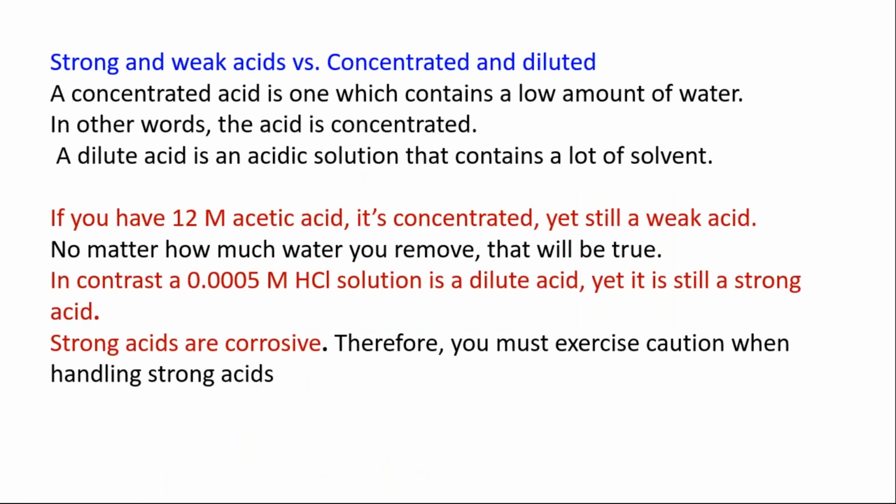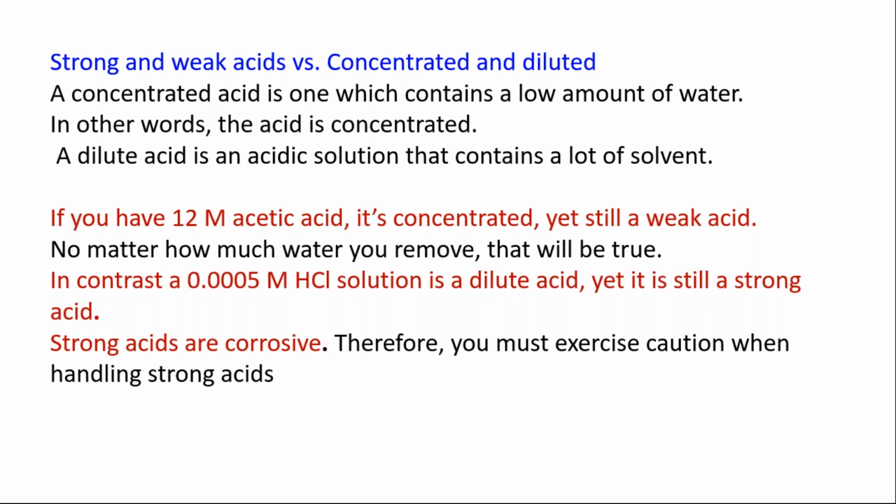If you compare, please remember that strong and weak acids are different from concentrated and dilute acids. A concentrated acid is one which contains a low amount of water. In other words, the acid is concentrated. A dilute acid is an acidic solution that contains a lot of water. So if you have 12 molar acetic acid, it's concentrated, but acetic acid is still a weak acid.